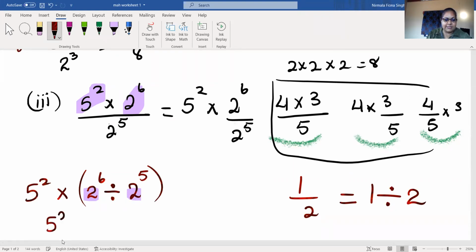So the 5 squared is still lying in the corner by itself, multiplied by 2 to the power 6. Remember, when we divide, we subtract our indices.